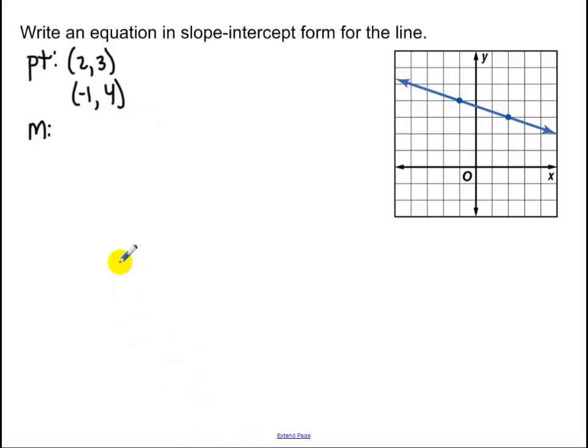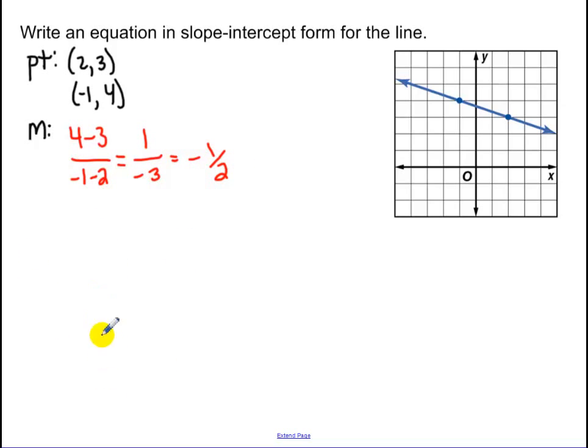So let's find our slope by using our slope formula. 4 minus 3, subtracting the y's, over, now I have to start with -1 minus 2. So 4 minus 3, that's 1, over a -3, so our slope is -1/3.